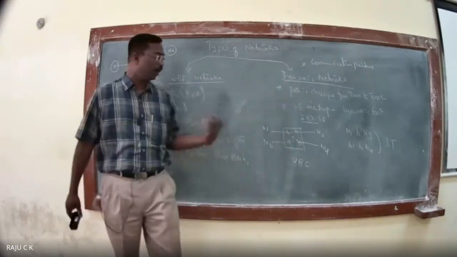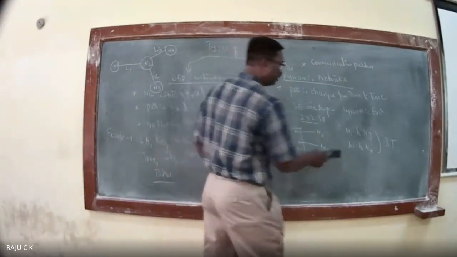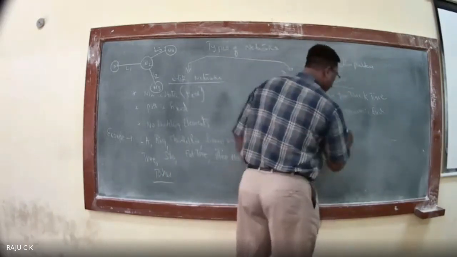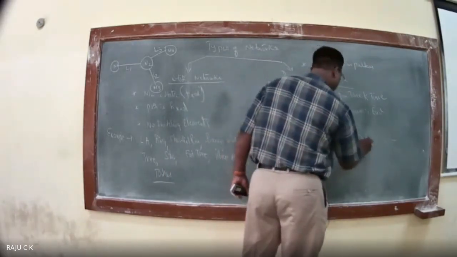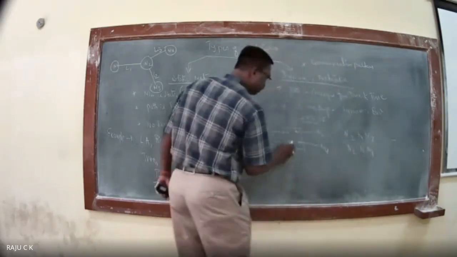So the fourth one is lower broadcast, the fourth time interval. I connect N2 to N3 and N2 to N4 like this.